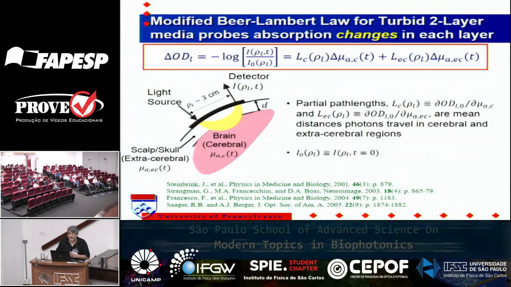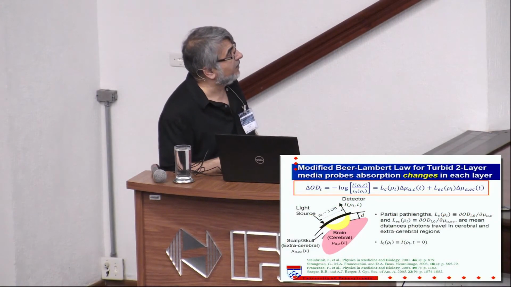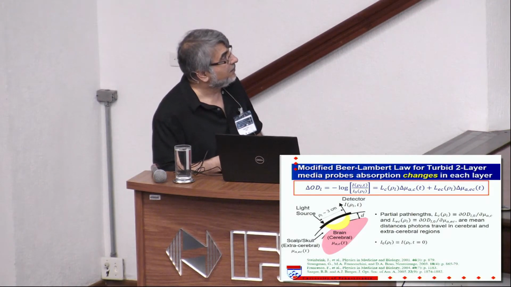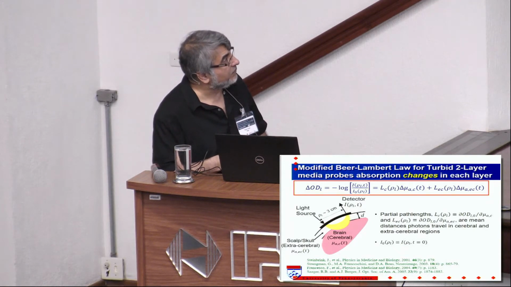But if you only care about the change in the OD, the change of the intensity compared to the baseline value, that just depends on the average length of travel through the overlayer tissue times the change in the absorption in the overlayer tissue, and the same for the cerebral tissue.